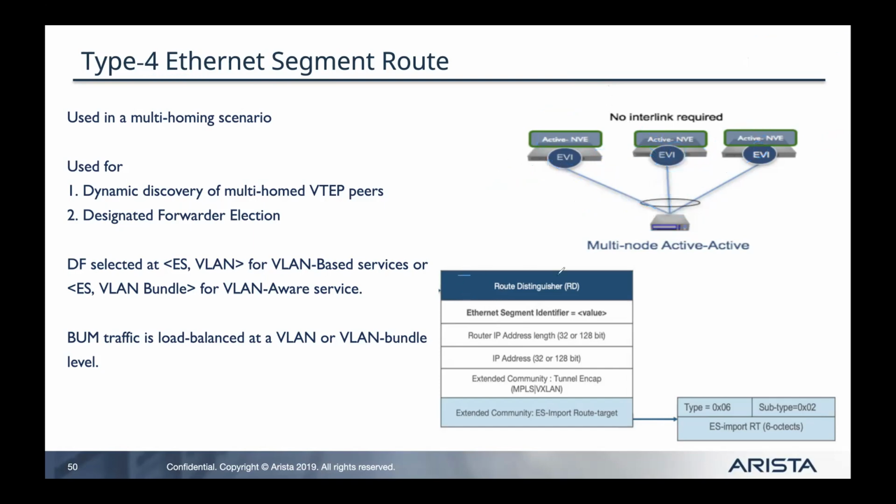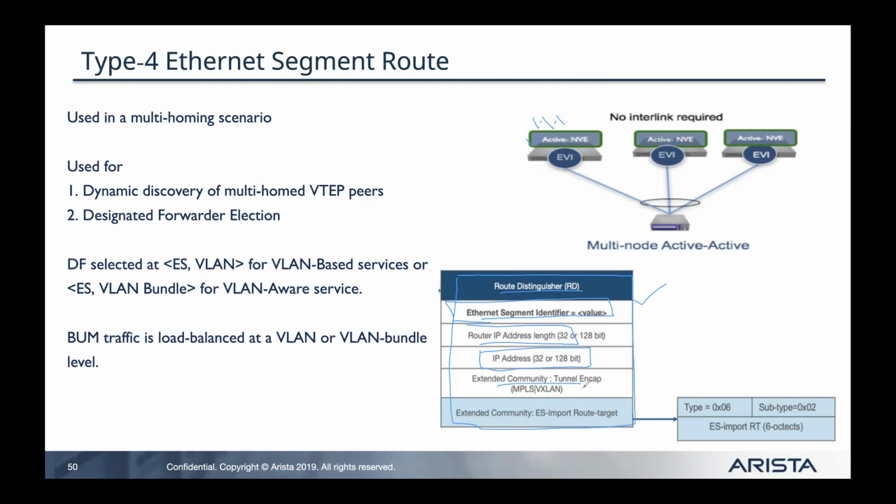How that is achieved, we'll check in the next slide. But first, let's check what fields of information are sent. It will send the route distinguisher, the RD value, the Ethernet segment identifier, the ESI value you have configured under the port channel, the IP address length, and the IP address of this VTEP, 1.1.1.1, let's say.